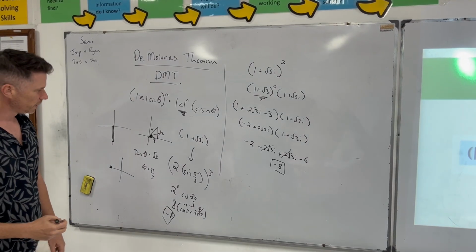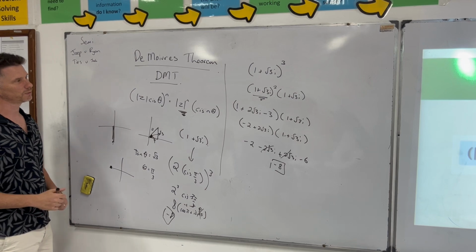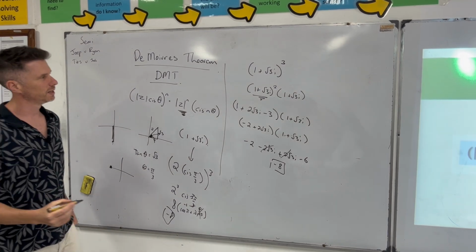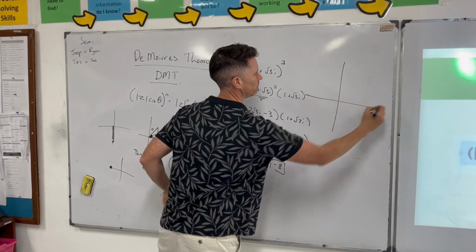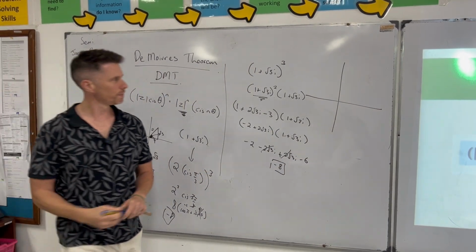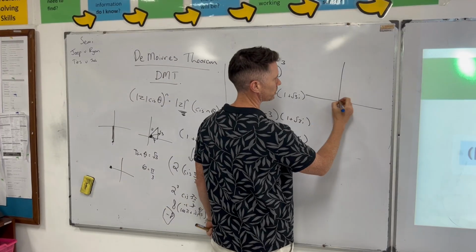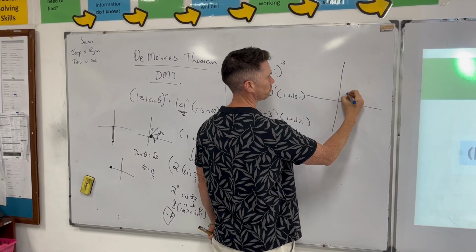Do notice that the spiral thing is taken into effect a little bit. If we look at this at its individual stages, just looking at a diagram, 1 plus root 3i is where we have it here. So that's where the first one would be.